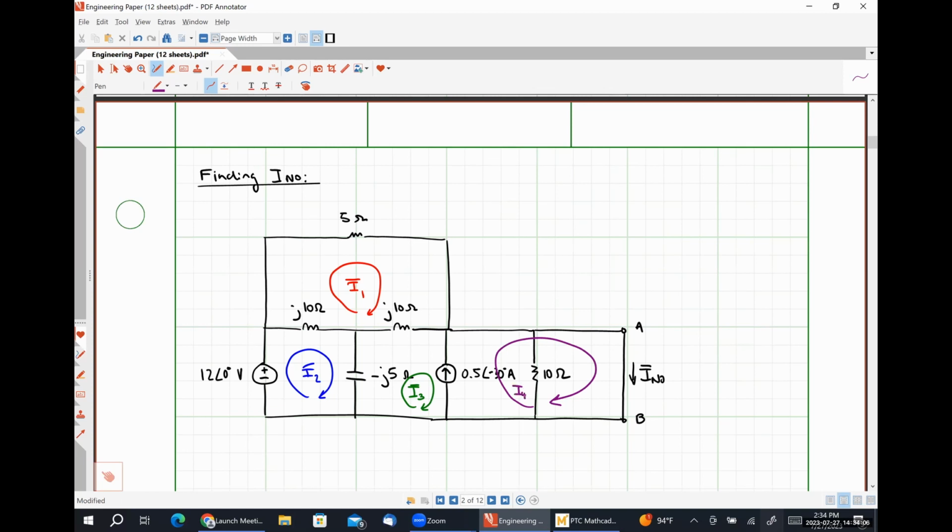The reason why I'm drawing my mesh current I4 around my 10 ohm resistor is because that 10 ohm resistor is shorted out by the short circuit to the right of it, which means I know for a fact no current will flow through it. If I included it, I would just be adding extra equations that are going to cancel each other out.